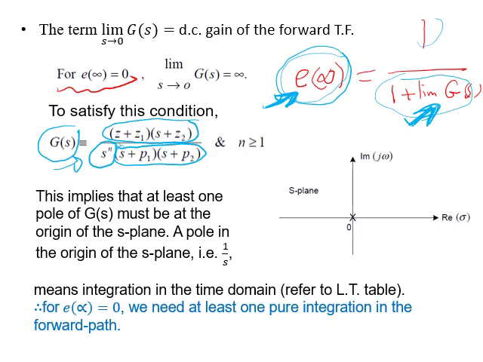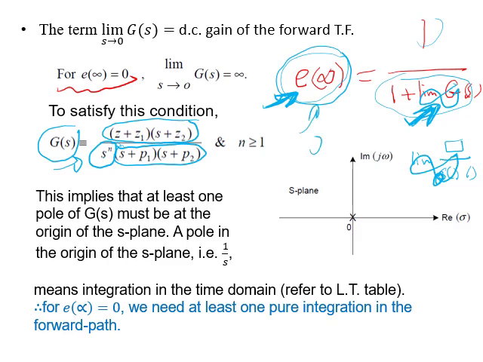That means if there is S here, we are going to get the limit of something over S into whatever bracket. So this is going to give me 0 in the denominator. That means the limit will be equal to infinity by the end of the day, which results in E equal to 0.